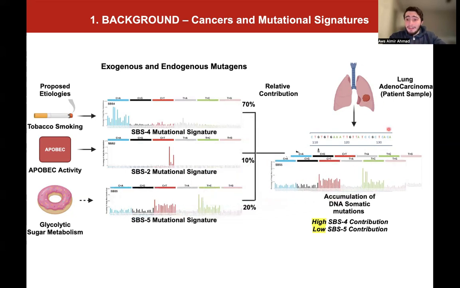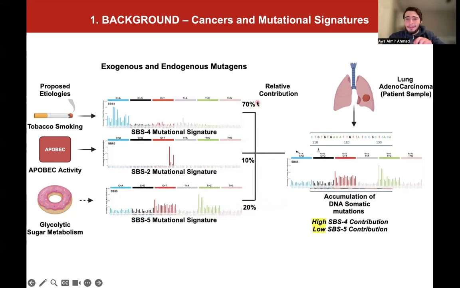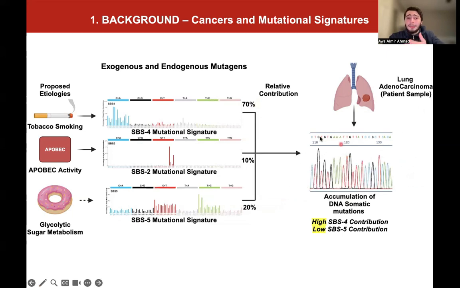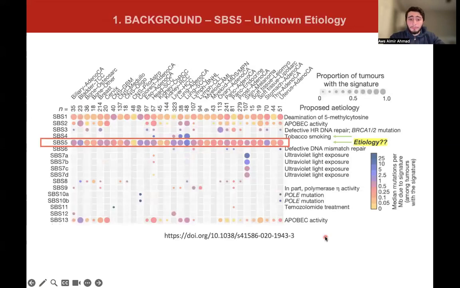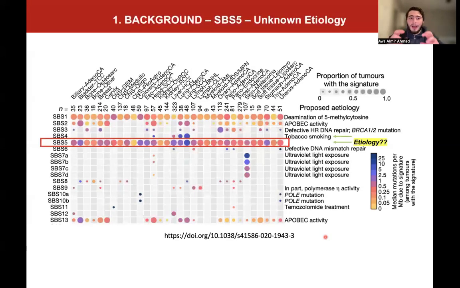In this case, we have a heavy smoker patient, so 70% of the mutations that we are observing are attributable to the SBS4 mutational signature, which again is traceable to tobacco smoking. And therefore, we deem this sample to have high SBS4 contribution, as in 70%, and relatively low SBS5 contribution.